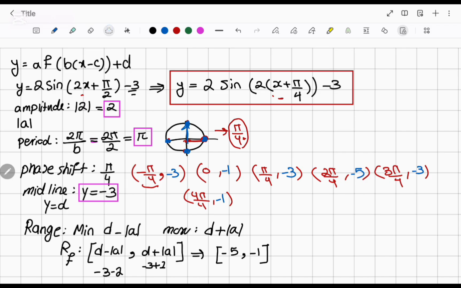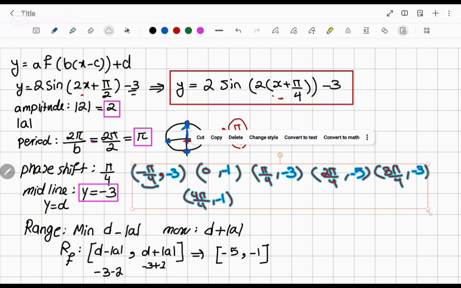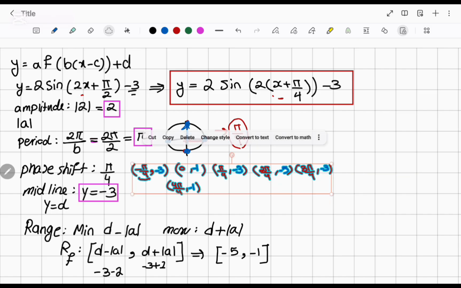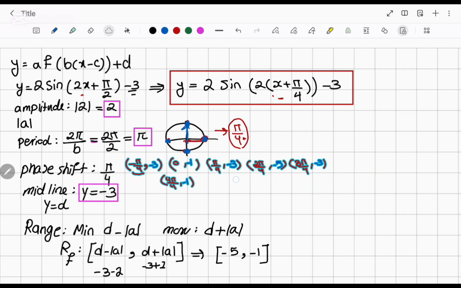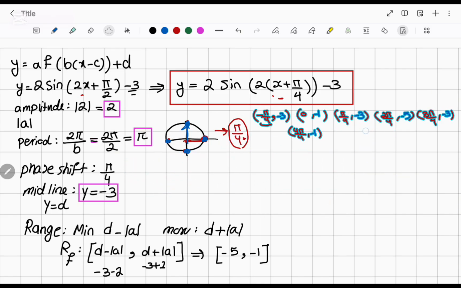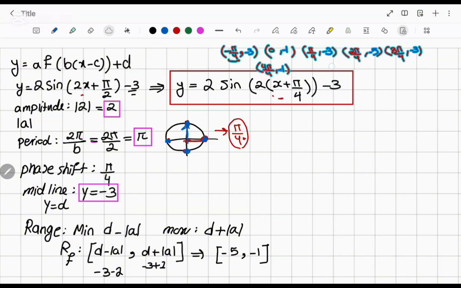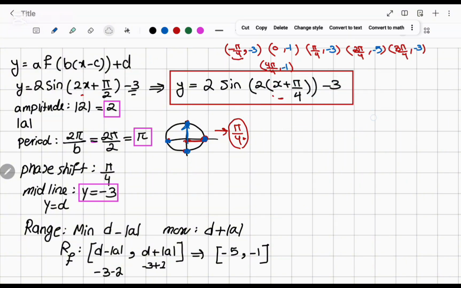So I'm going to minimize this a little bit. To be able to graph this, maybe I'm going to move it to here. And then I'm going to have the lines and everything. Most of the y's I'm having are negative.